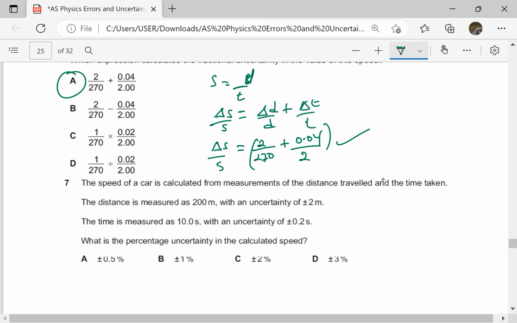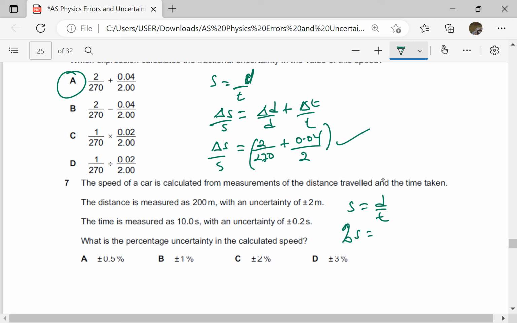The speed of a car is calculated from measurement of distance traveled and the time taken. Speed is distance over time. So what is the percentage uncertainty in the calculated speed? We just want percentage uncertainty.